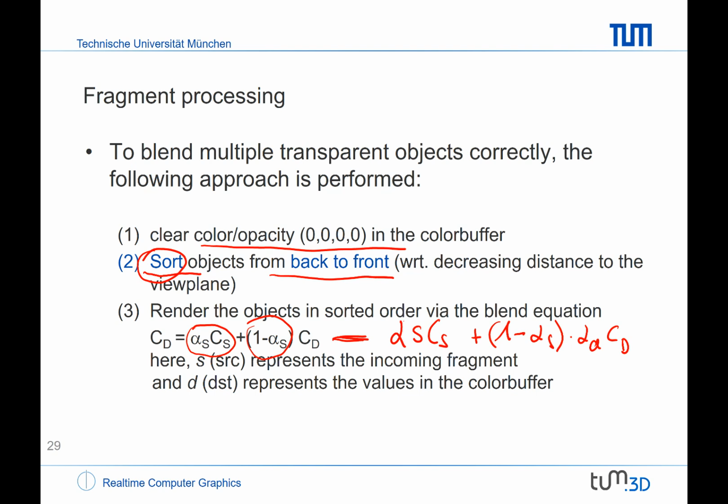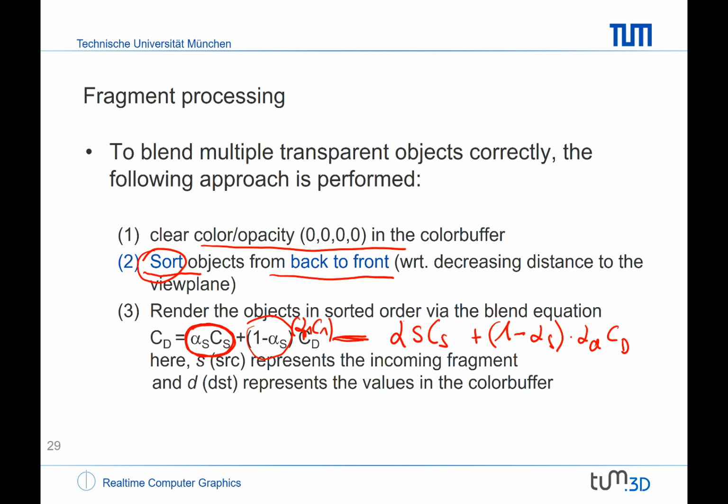Okay, that means after you have rendered the first object, what you see in the color buffer will be just the effective color of the first rendered object, alpha s times cs. If now the second object is rendered, the second object again computes its effective color plus 1 minus its opacity times what is in the color buffer, and in the color buffer from the first pass, we now have the color from the first object that has been rendered.